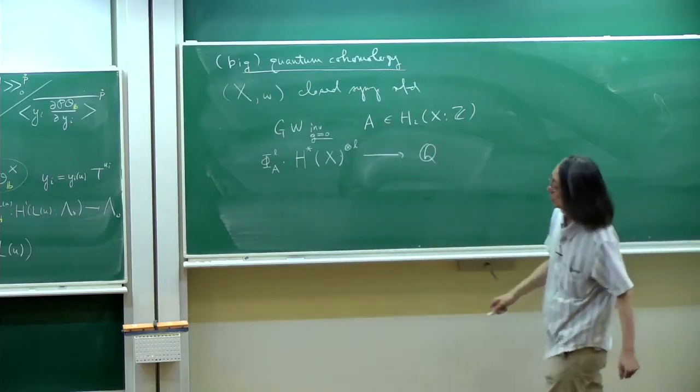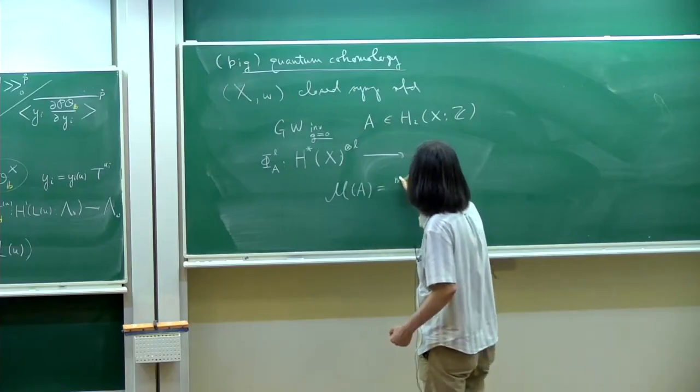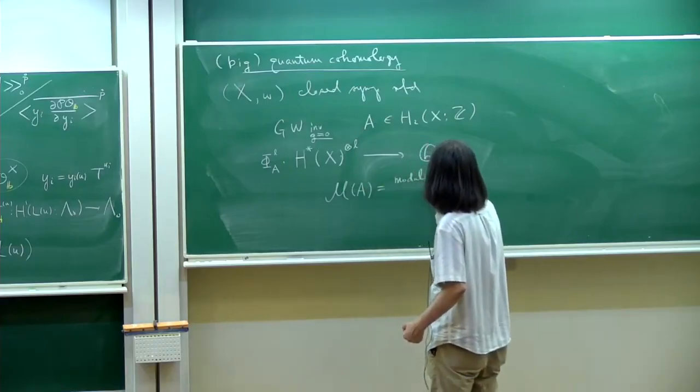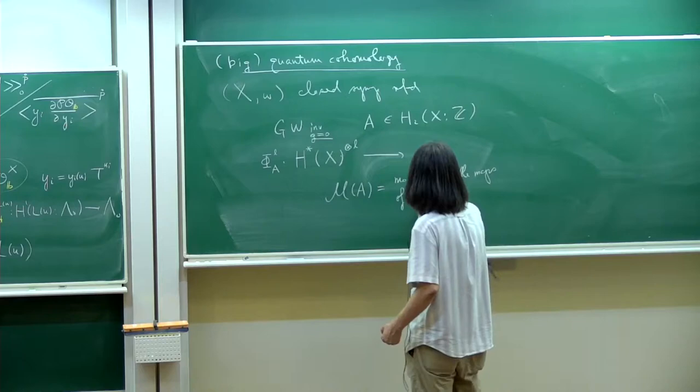So namely, we consider M_A, its moduli of stable maps without boundary of genus 0.